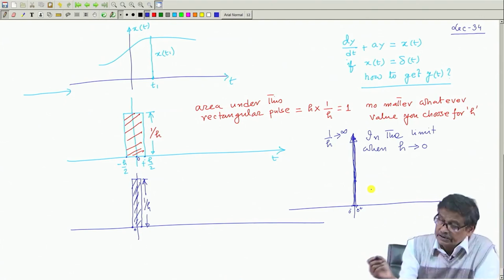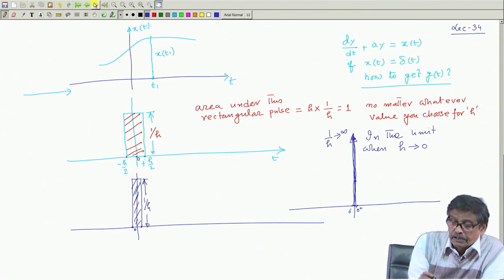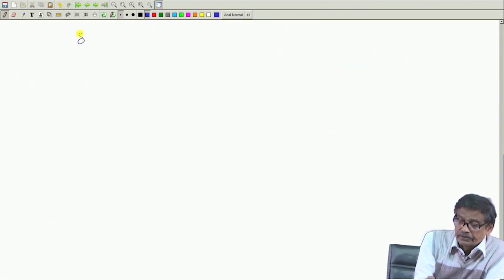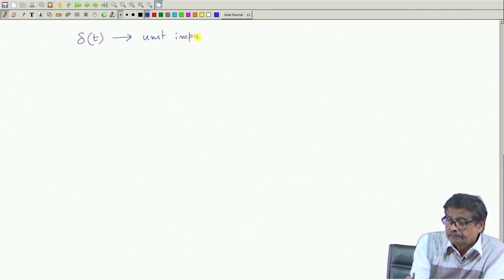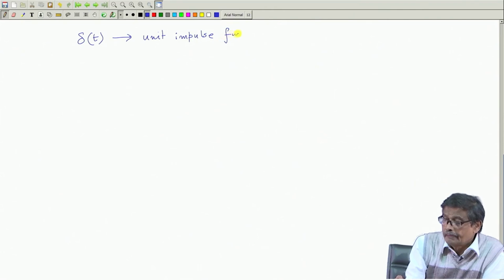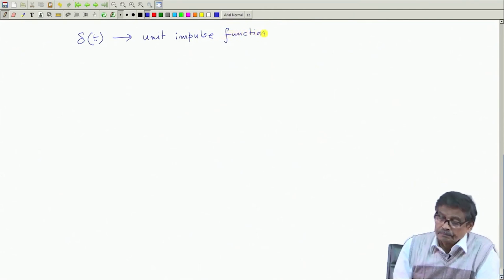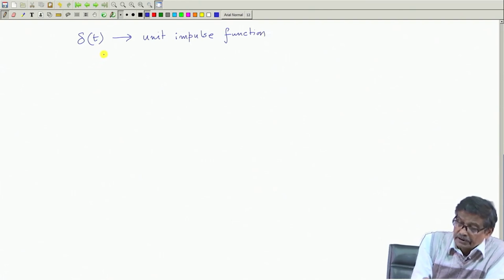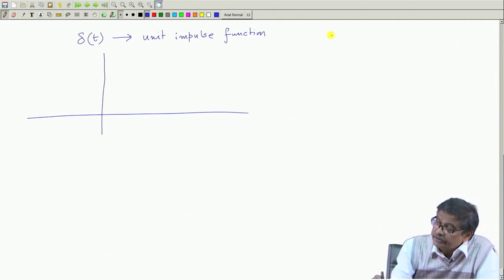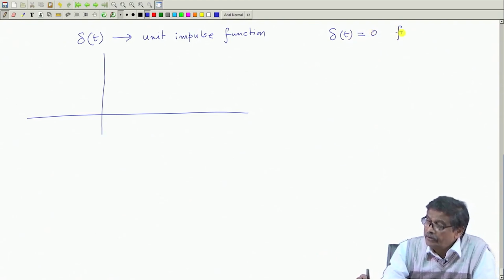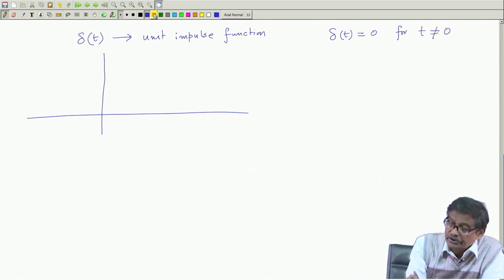Such a function is called the unit impulse function. This I discussed last time and denoted by this symbol, which is the unit impulse function. The value of the function delta(t) will be equal to 0 for t not equal to 0. For any other values of t, the value of the function will be 0.